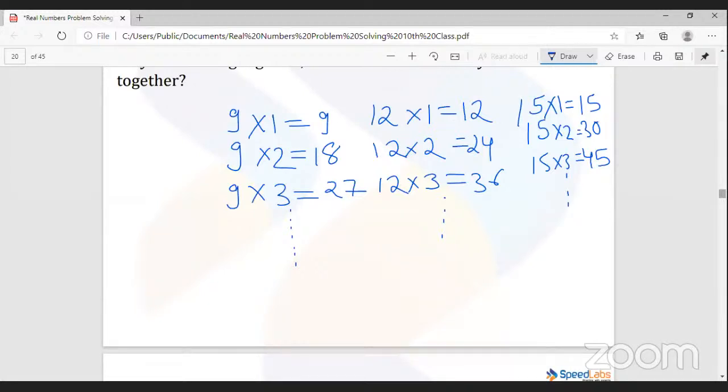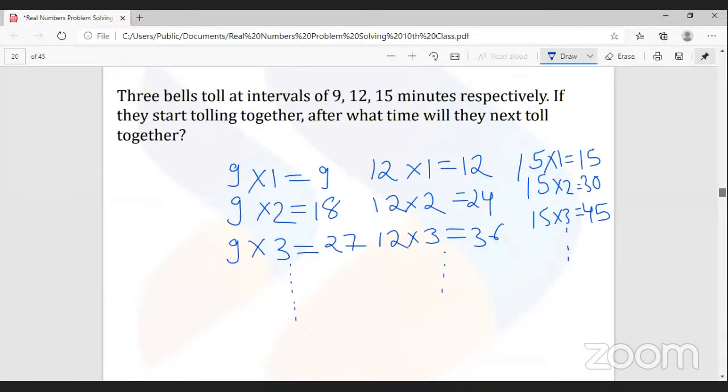Ma'am, we have to take LCM because HCF is like the bell will ring after every interval. Ma'am, can we just start the answer by saying that we'll find the LCM? Yes, you can start with that. I get confused in these questions whether we have to find the LCM or HCF. Ma'am, exactly why do we have to find the LCM? Yes, that is what I am telling you.